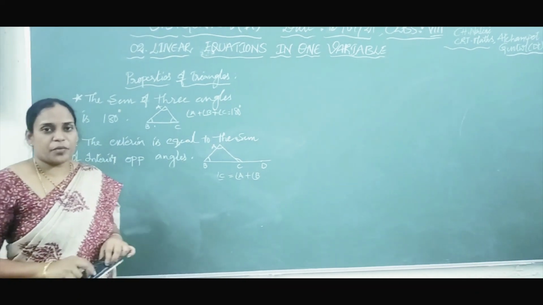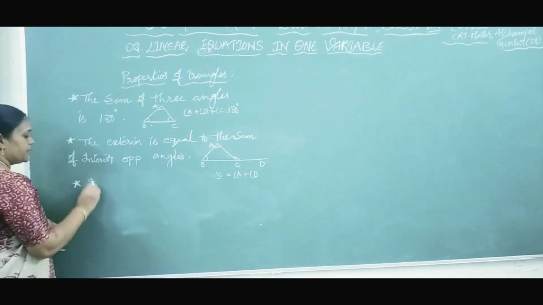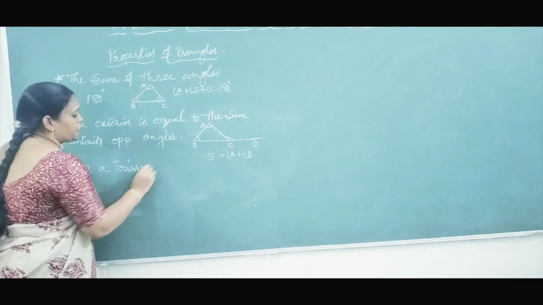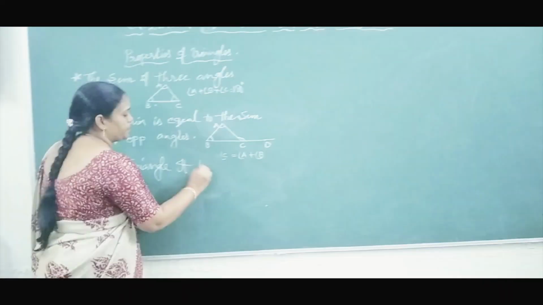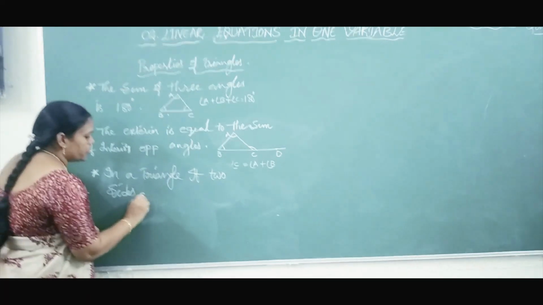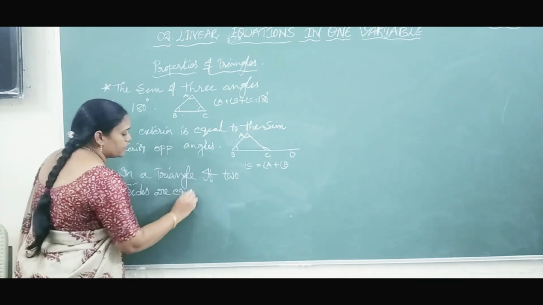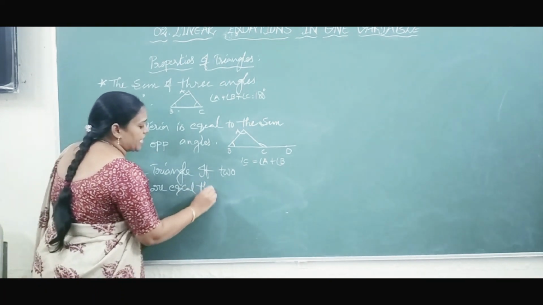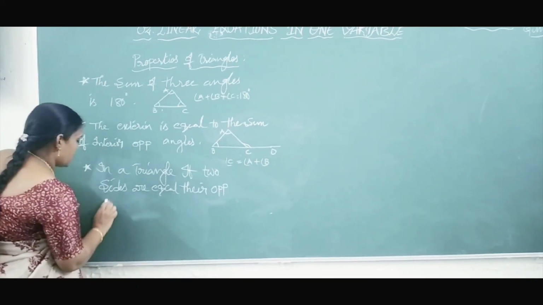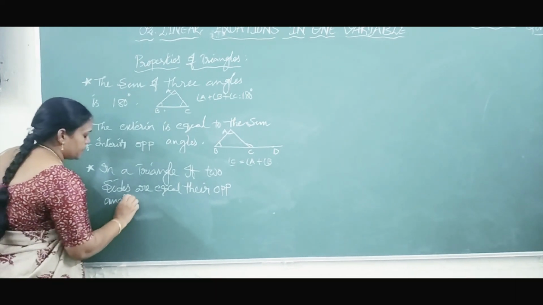Let's see our third property. In a triangle, if two sides are equal, their opposite angles are equal.